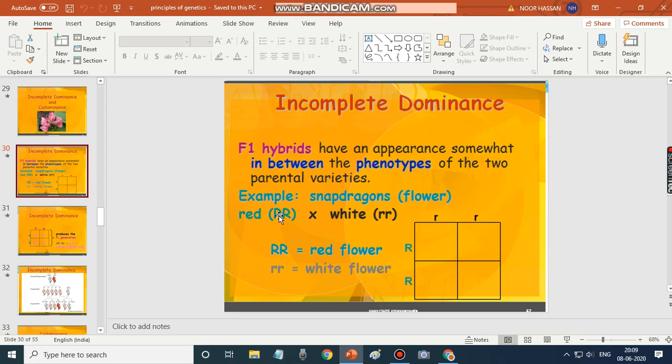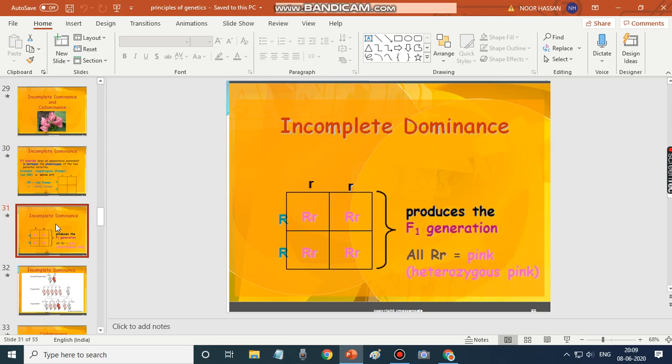When a homozygous red flowered plant, capital R, is crossed with a white flower, small r, it should be capital R, small r, and it should be red, but instead it is not red. All the flowers have pink color.